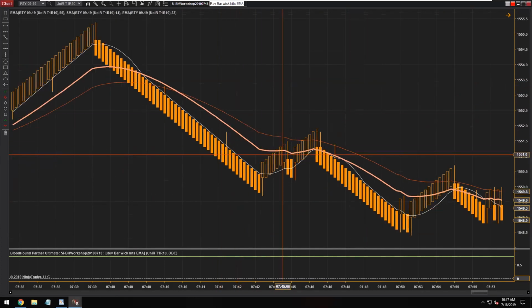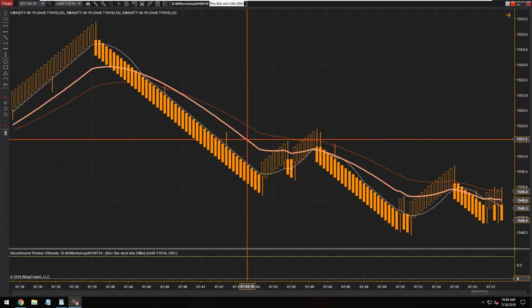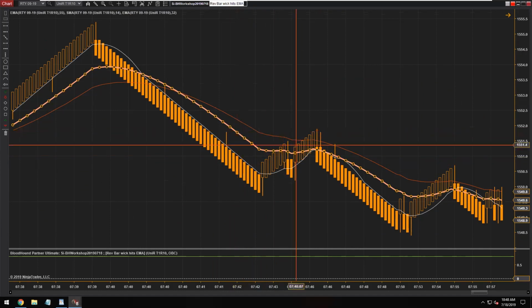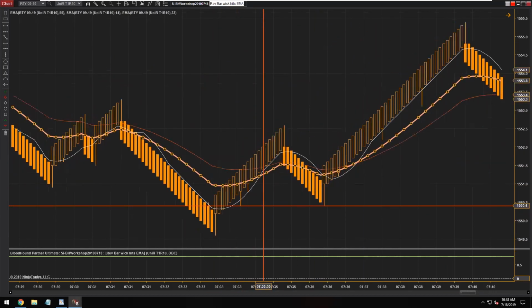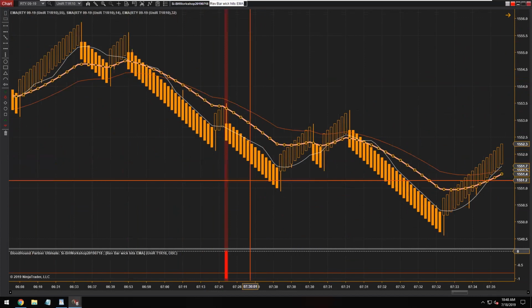But yeah, it looks like the slope requirement of half a tick is pretty stringent, so it's eliminating a lot of signals here. But here's another one.